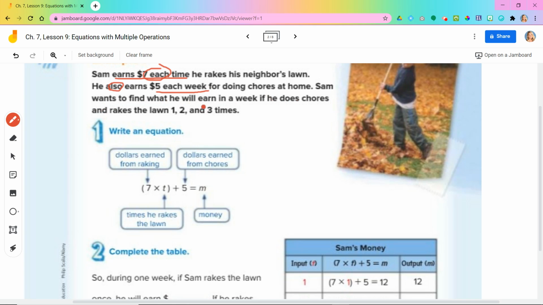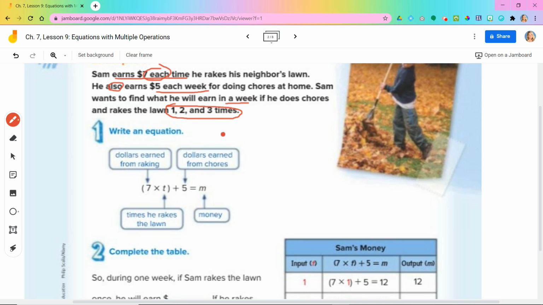Sam wants to find what he will earn in a week if he does chores and rakes the lawn 1, 2, and 3 times. So we've got to think about our equation and what it would be. This is the perfect problem for a table because I'm using 3 different quantities, 3 different amounts that I have to solve for. So let's think about what happens.